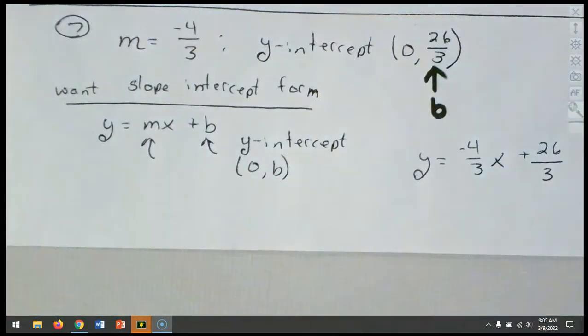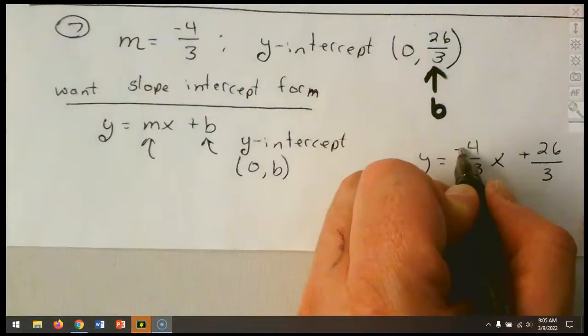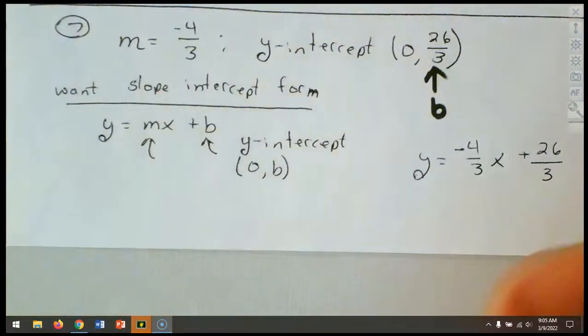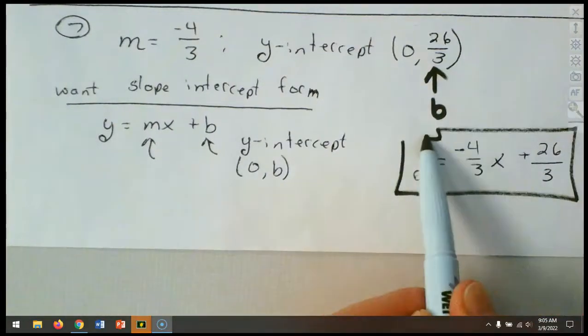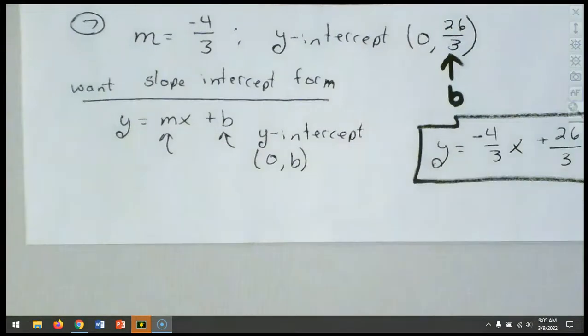Okay, that's all we have to do because they gave you the y-intercept, and that is the b component when written in slope-intercept form. So you don't have to go through all the algebra. You can realize that's a y-intercept and jump to the answer.